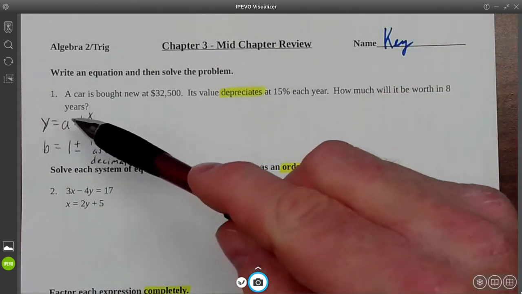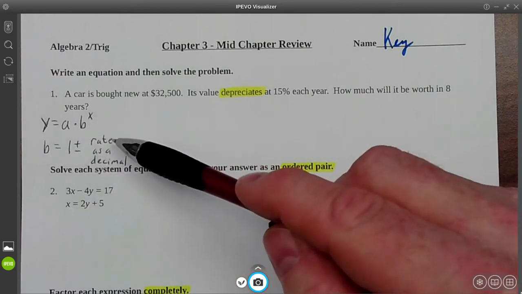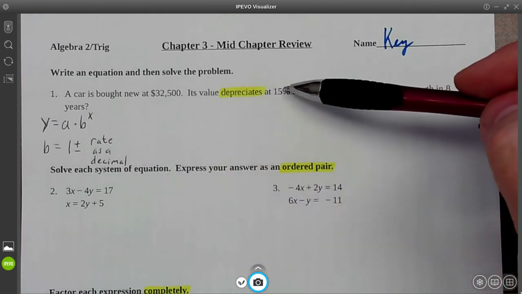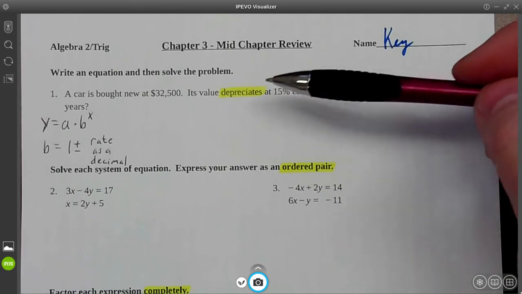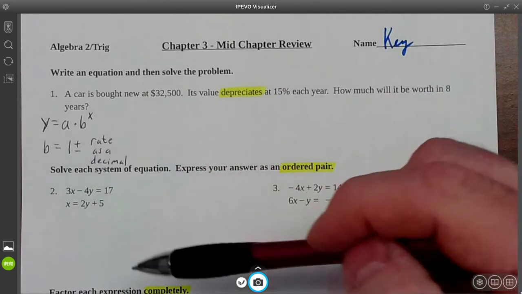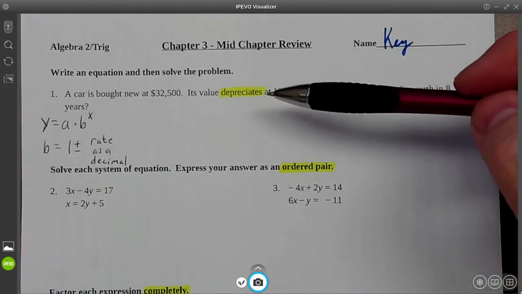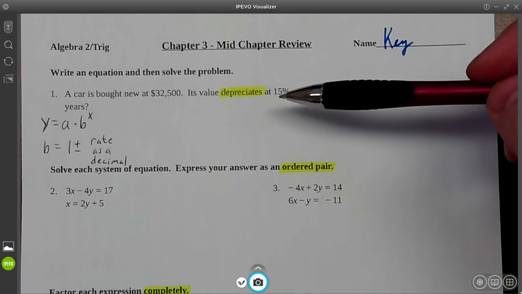And in this case, depreciates is going to make a big impact on this question. So our formula is y equals a times b to the x, where b is 1 plus or minus the rate as a decimal. Now, 15% as a decimal would be 0.15. We have to decide if we're going to add that to 1 or subtract it from 1. We would add it if it appreciates or gains value, but in this case, it depreciates or loses value.